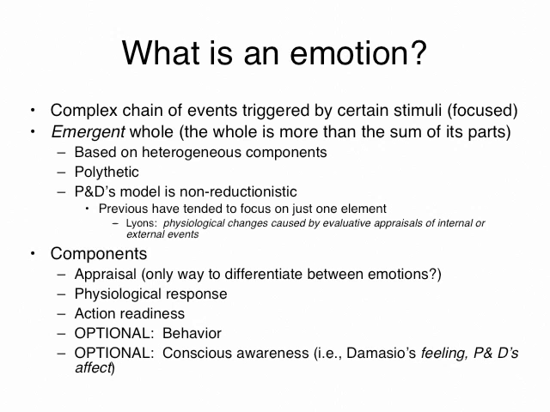But the recommendation in Power and Dalgleish is that the appraisal, you can see on this chain, needs to be included, because it's the only way, they say, to clearly differentiate between emotions.